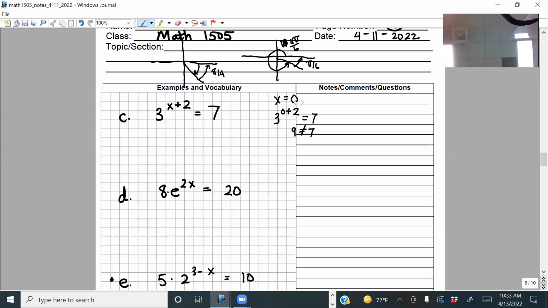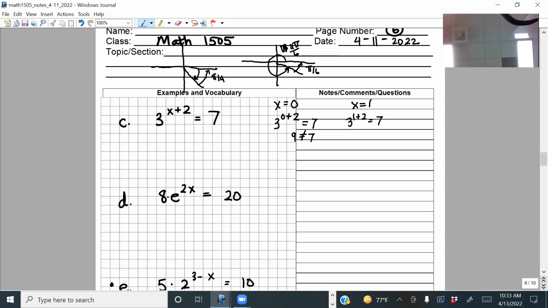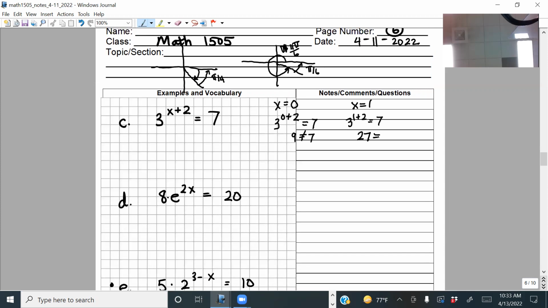I don't think 1 is going to be the solution either. That's going to be even worse, right? If you think x is equal to 1, you have 3 to the 1 plus 2 is equal to 7. But what's 3 to the 1 plus 2? That's 3 to the third power. What's 3 to the third power? 27, yeah. So you have 27 is equal to 7, which is even worse, way far off.